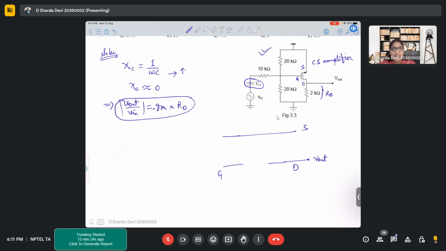The answer is no. It will not be only gm into RD. When we say gm into RD, that means your amplifier only consists of this configuration.